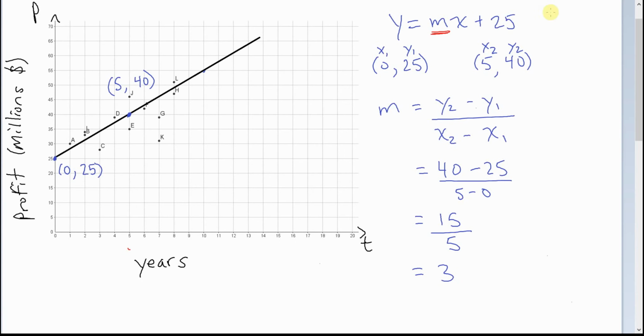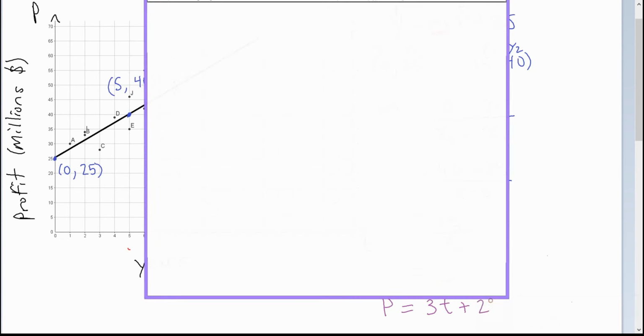Now I start off with y equals mx plus b, but really in this question, we said it's time t and profit p. So we should be using these variables. The profit p is equal to the slope, 3, times t plus 25.